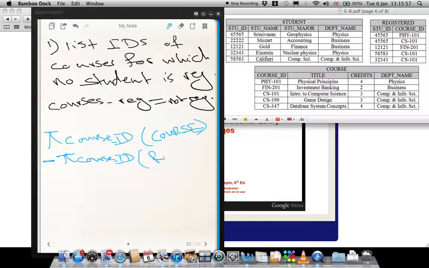This will give you the courses where no student is registered. It's just as simple as that.